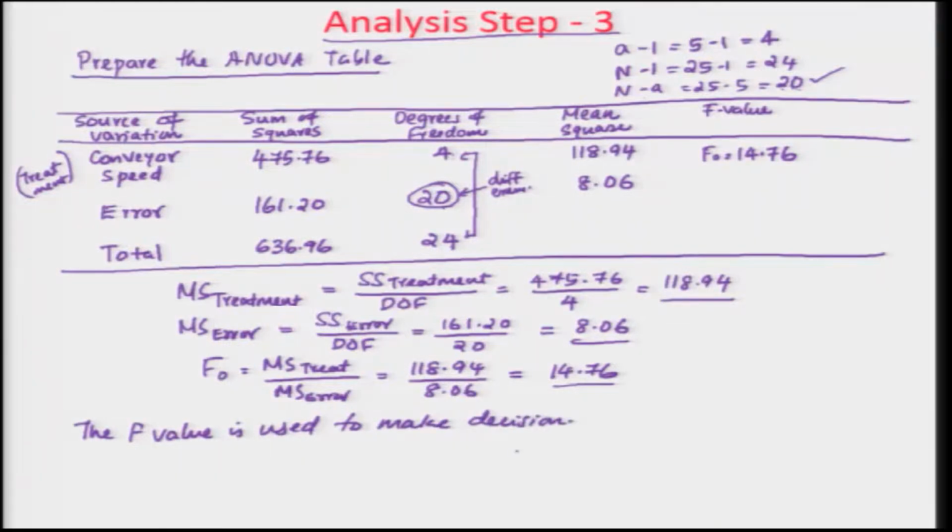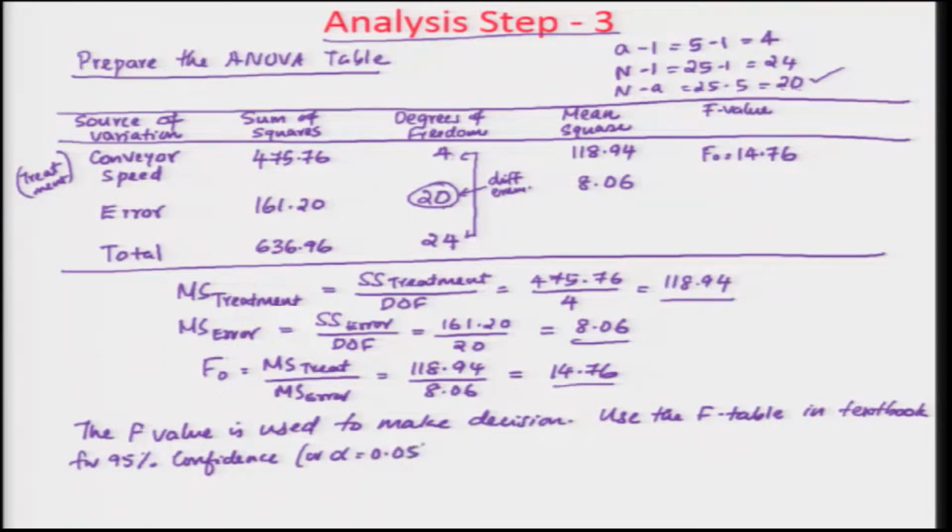Use the F table in the textbook, and for 95% confidence, or alpha equal to 0.05, you look at the F value.